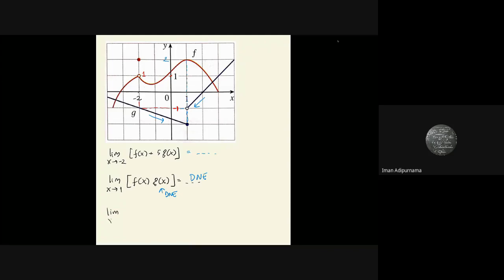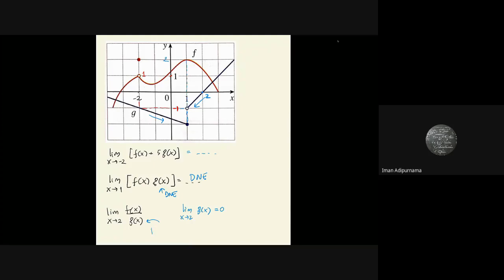And if you have x approaching 2, f(x) over g(x). If you have any fraction, like a rational function like this, try to solve g first. Try to find g. At 2 here, the limit of g(x) is actually 0, right?